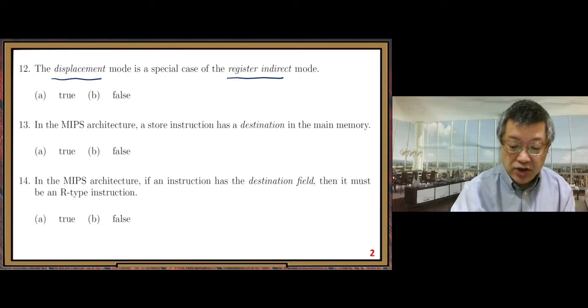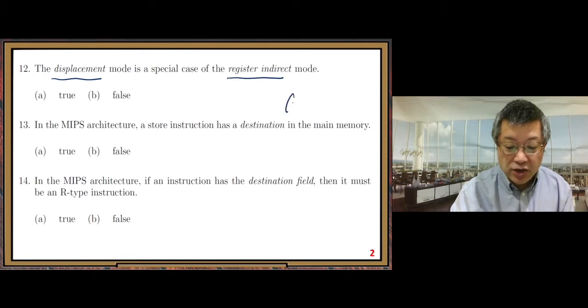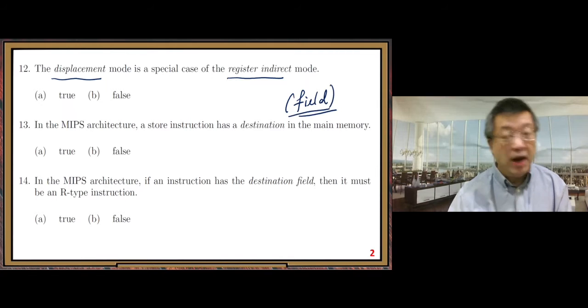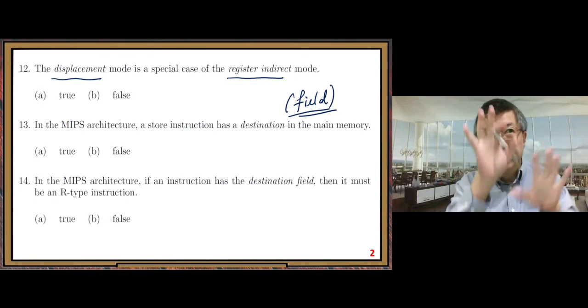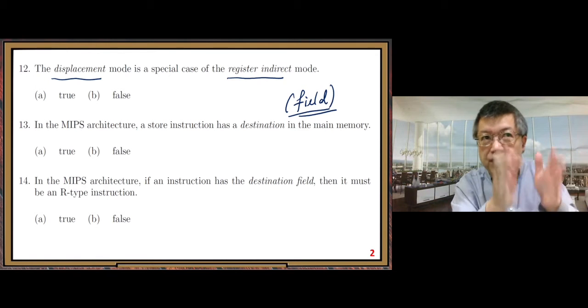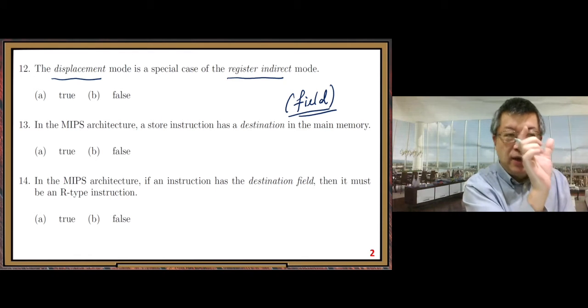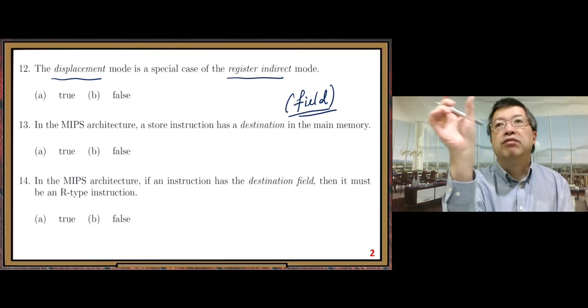All right. Number 13. In the MIPS architecture, a store instruction has a destination in the main memory. Here, when I say destination, I do not include destination field. Okay? In my lecture, I separate those 2 different meanings. When we say destination field, you can find a certain number of bits in the instruction that are used for destination.